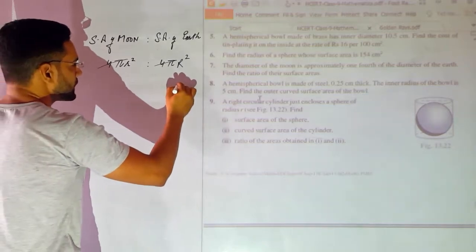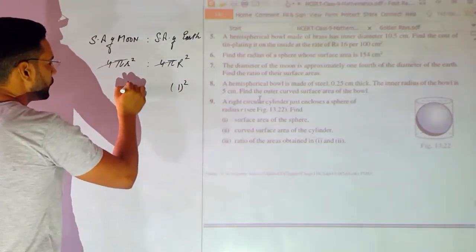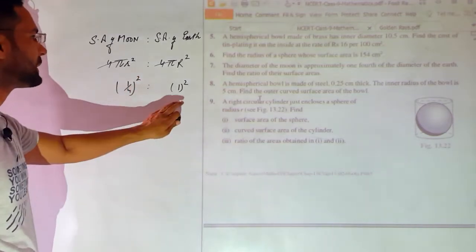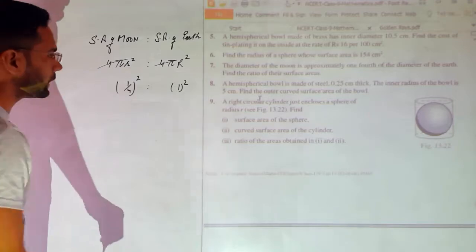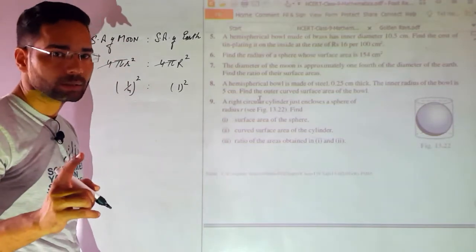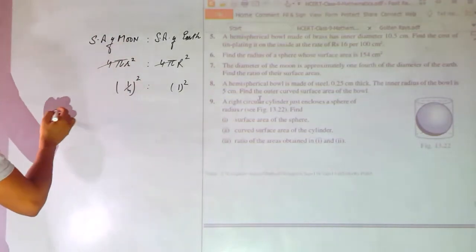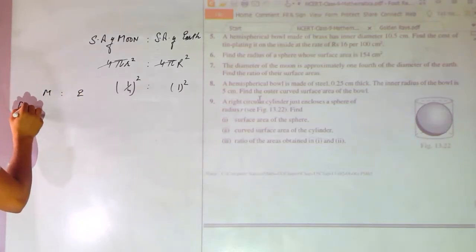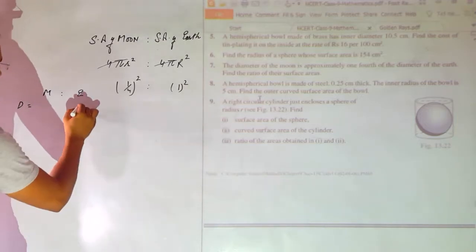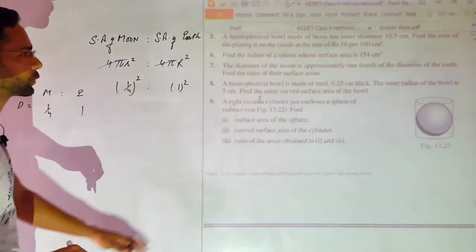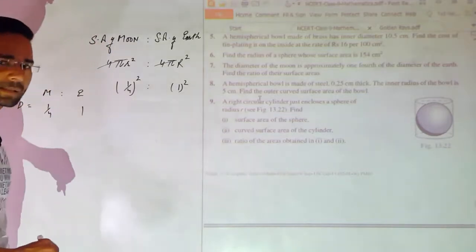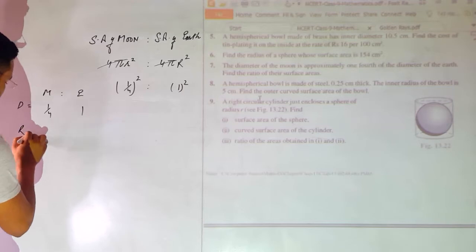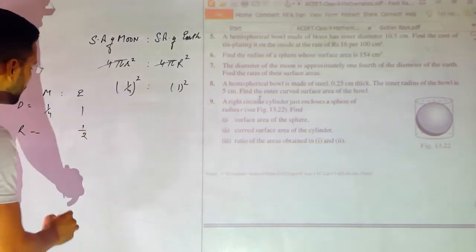Suppose this is the moon and this is Earth, and we are talking about the diameter. If Earth's diameter is 1, the moon's will be 1/4. Now the radius will be half.